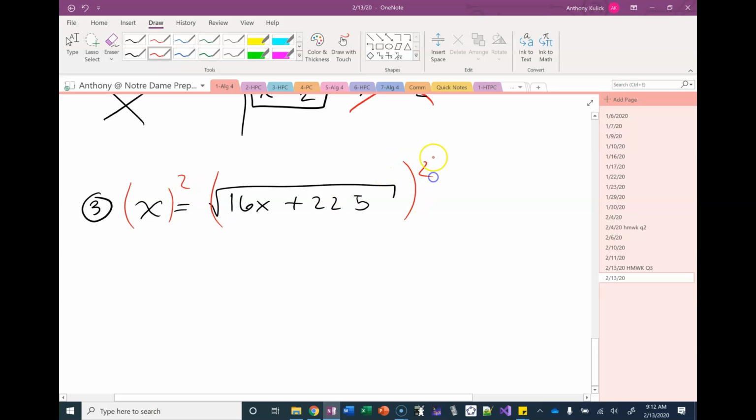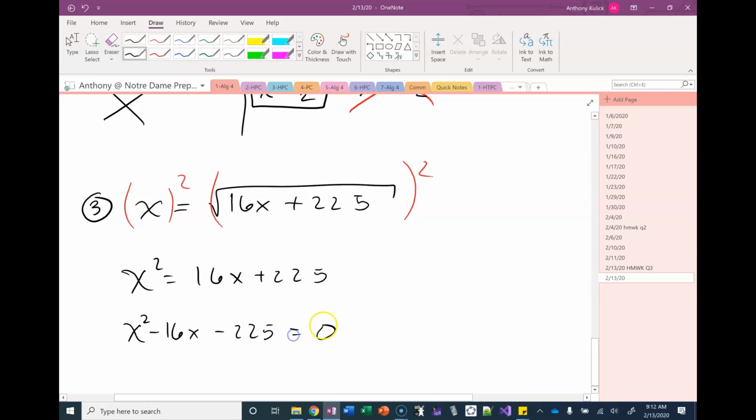Good. Squaring both sides is the same thing I would do first. And then what I'm going to do is I'm going to try to solve this quadratic. So the first step would be to get everything onto one side. So I'm going to subtract 16x and 225 from both sides.